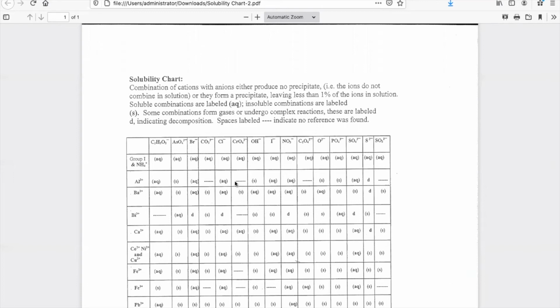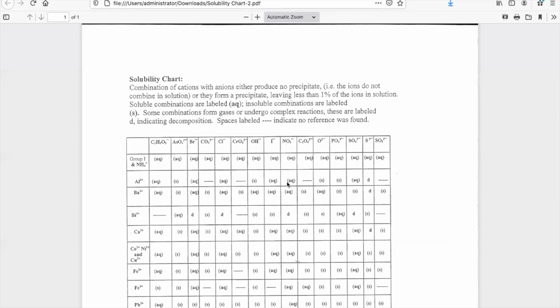If it is decomposing, then you will not see aqueous, AQ. So let's see, for example, lead with chloride. Lead with chloride, I know it is solid. For potassium and nitrate, all nitrates will be aqueous. All nitrates are always soluble.